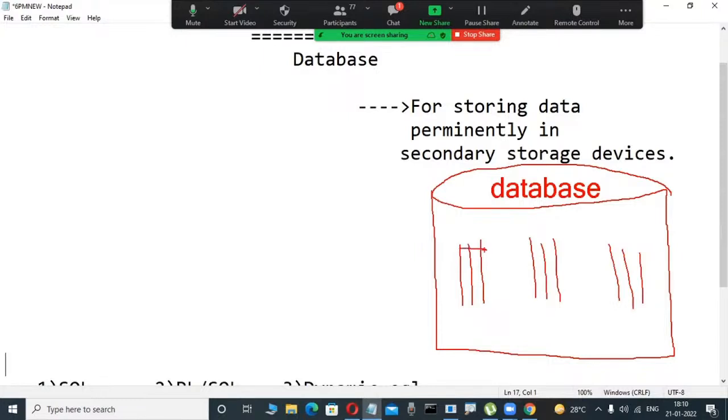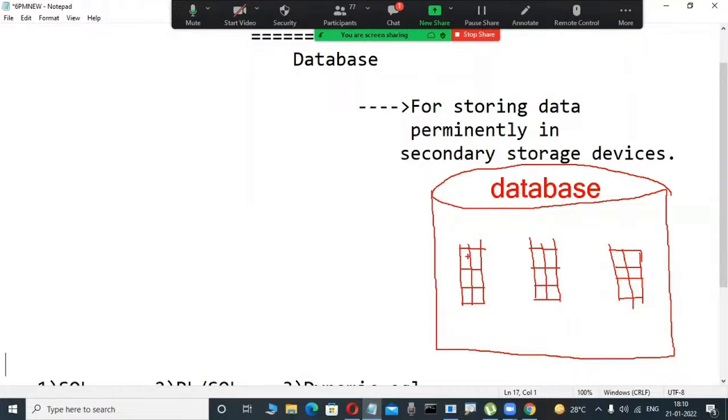Actually, E.F. Codd introduced this relational data model concept, and based on that, these types of databases are implemented in different companies. E.F. Codd is a mathematician working at IBM. That's why he decided to represent the data in the format of a matrix.